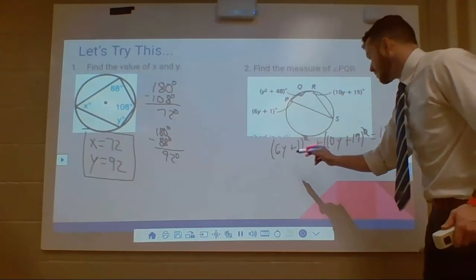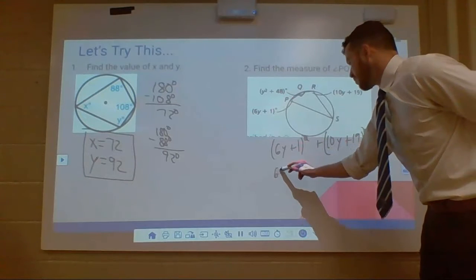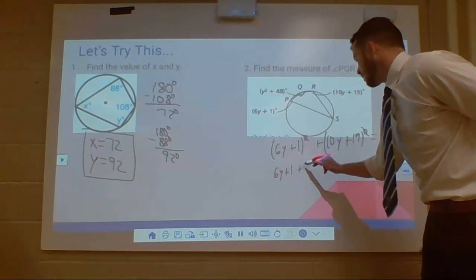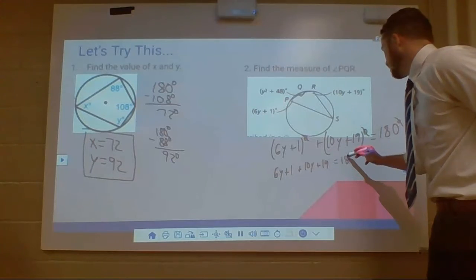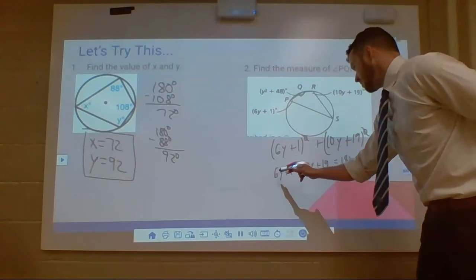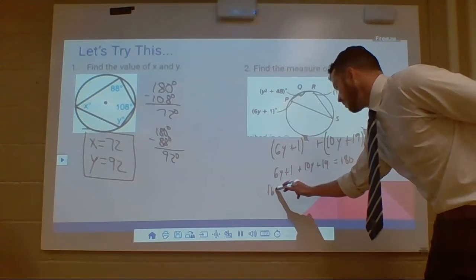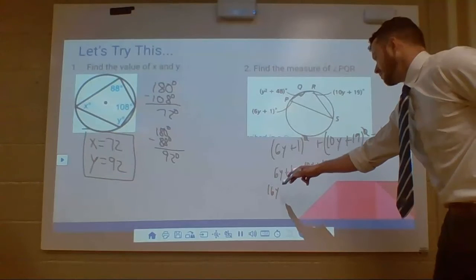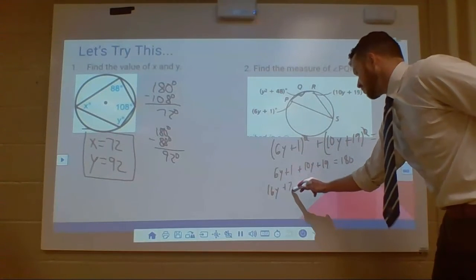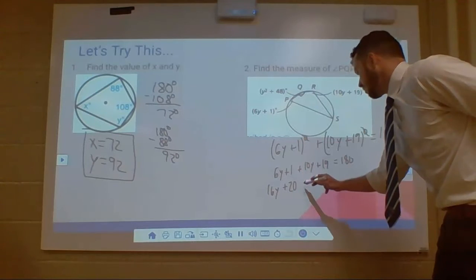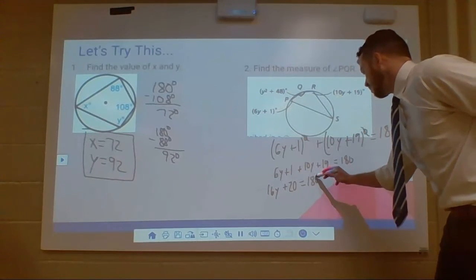I can divide it out from every term. So I'm going to say 6y plus 1 plus 10y plus 19 equals 180. 6y plus 10y is 16y. Combine like terms here, right? 16y. And then 1 plus 19, we're saying 20. So 16y plus 20 equals 180.